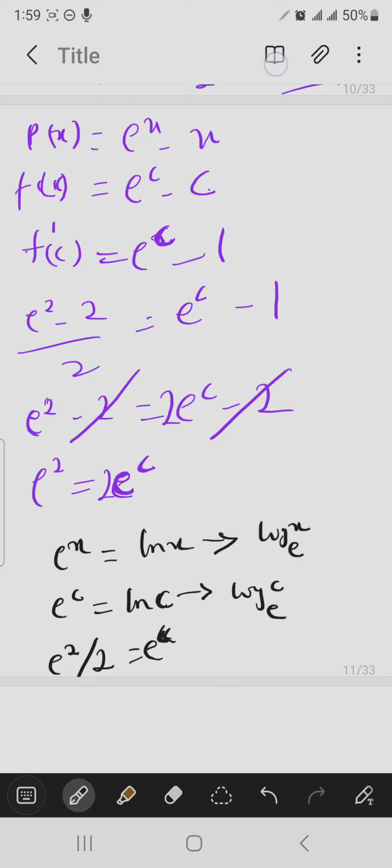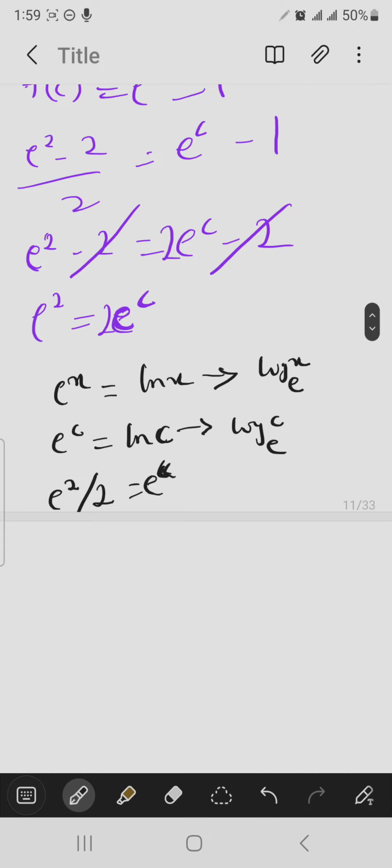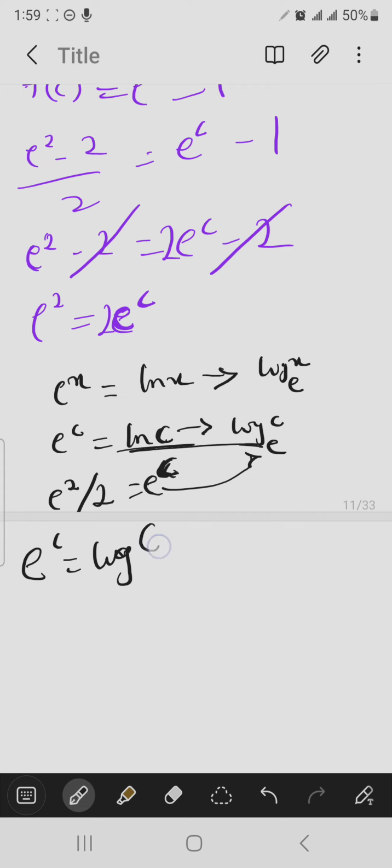If I were to interpret it with what I wrote here, e raised to power c will now be equal to log of c base e. That's what it means.